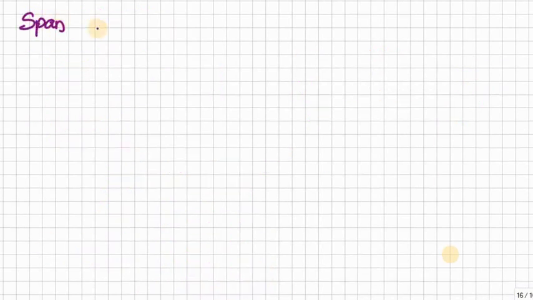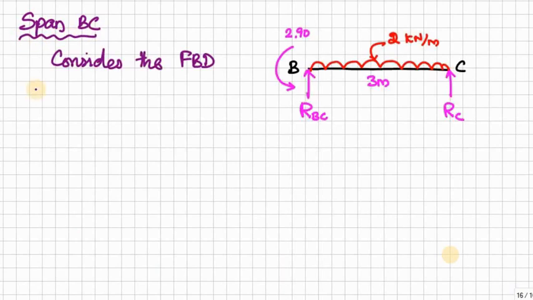Next, consider span BC and draw the free body diagram. So here we have BC, and at B we have MBC moment minus 2.90, that is anti-clockwise direction.